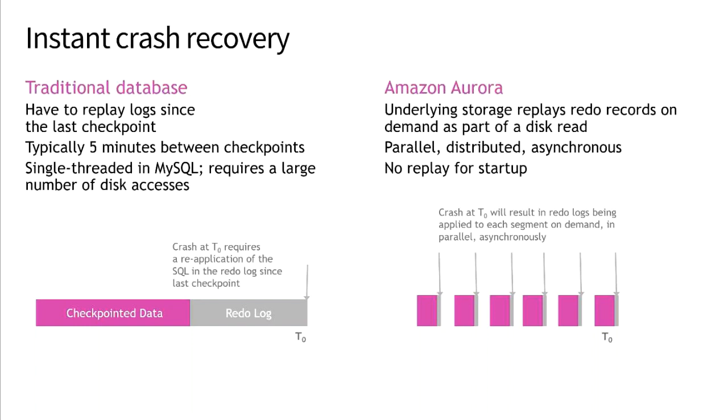So when a crash happens, there's really nothing to replay, or there's almost nothing to replay. As part of reading the data, we just need to apply any remaining logs that haven't been written yet. And that's just a normal part of the read process. So it happens pretty much as fast as any other read in an Aurora database.